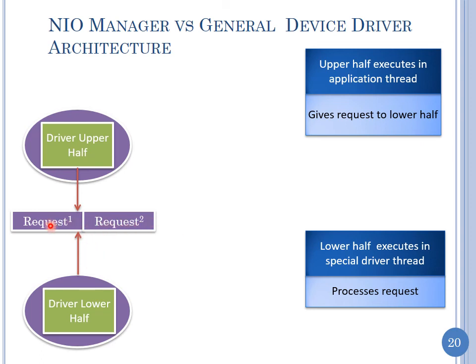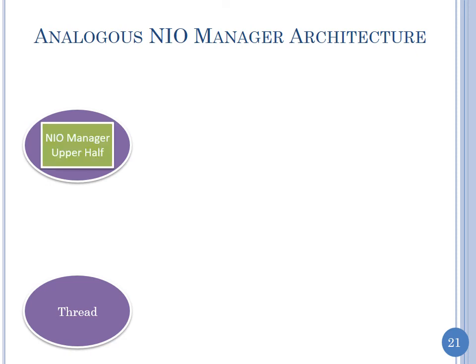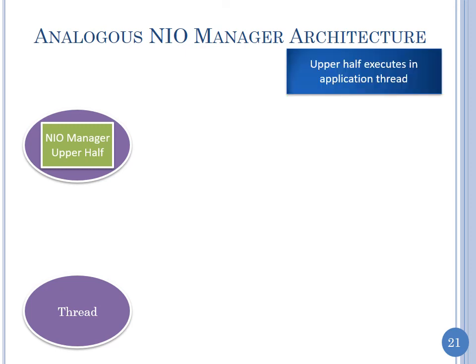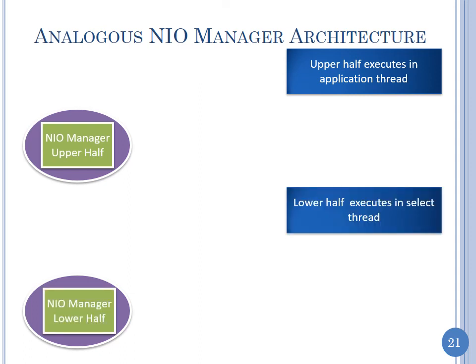And as you'll see later, I'm going to encapsulate these requests into an object that I call a command object. And those of you who've done futures in concurrency, a future is essentially a command object in many systems, especially in Java. So what are we doing here? We've got the NIO manager upper half, and the upper half executes those routines that we saw, such as the write call that Jason identified. So the upper half executes in an application thread. The lower half executes in the select thread.